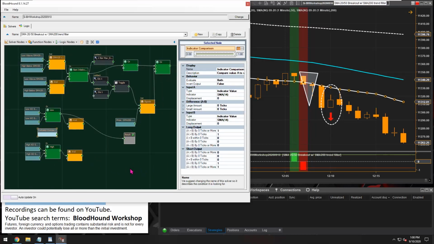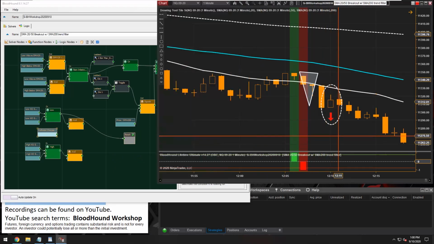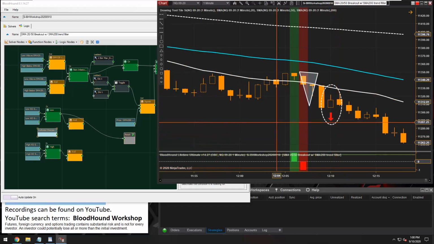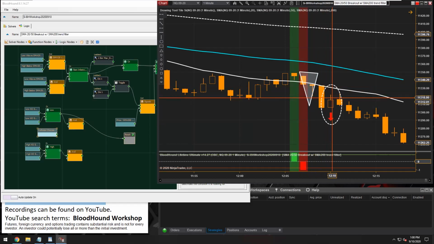Just to keep you guys in line with my train of thought here, I had two avenues that I could approach this new requirement. One way, which I thought was going to be a little more complicated, was I could take the original signals, the signals that just look at the closing price crossing out, and then extend that forward and wait until the entire bar crosses out.